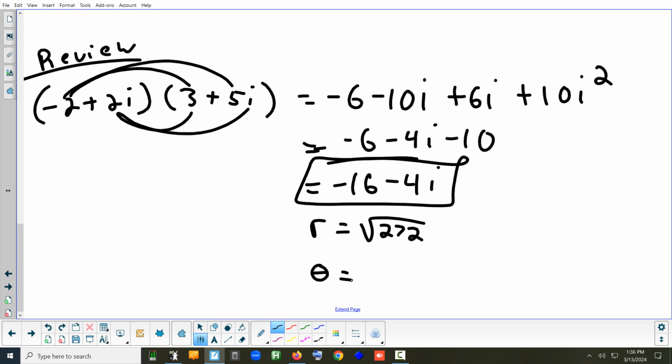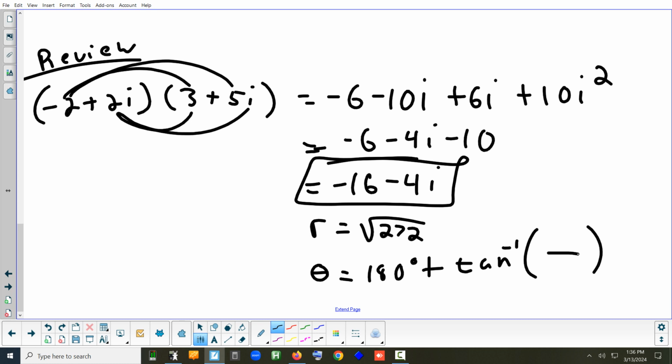Okay, and my angle. What quadrant is -16 minus 4i in? 3. What's your formula to find theta if you're in quadrant 3? 180 plus inverse tangent of y over x. Well, the y is negative, the x is negative, so they're both going to cancel.